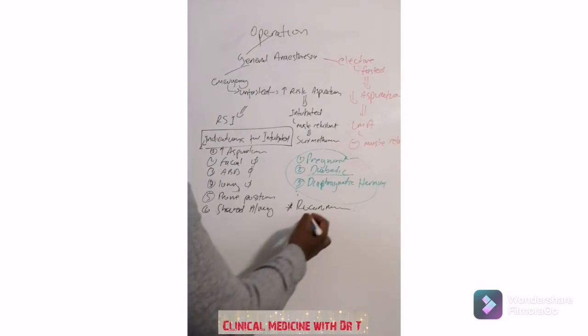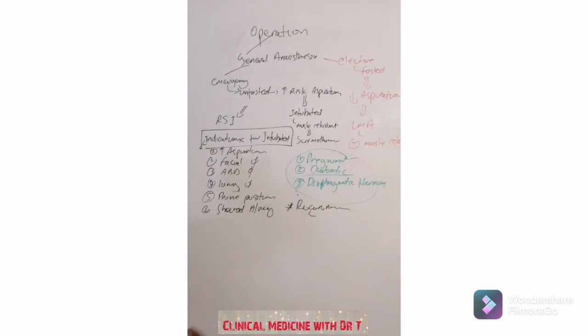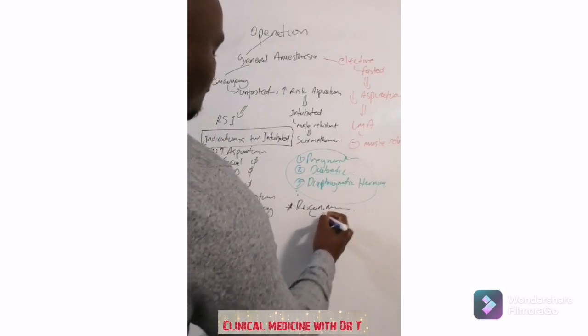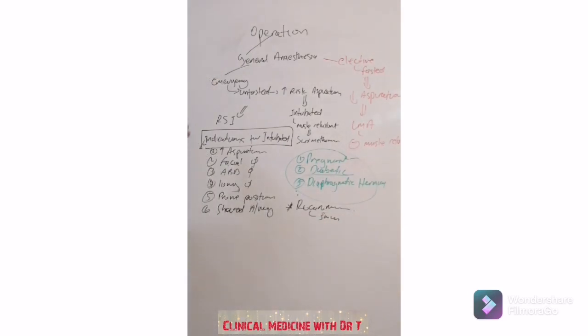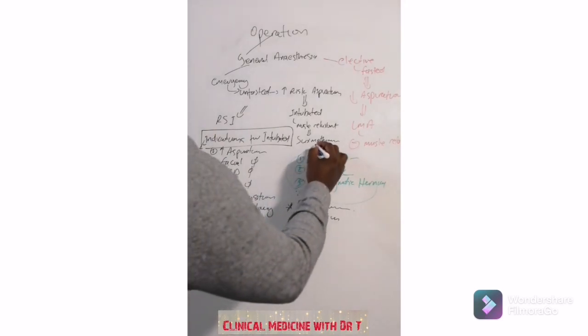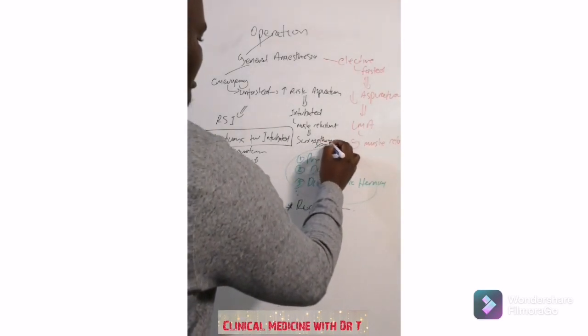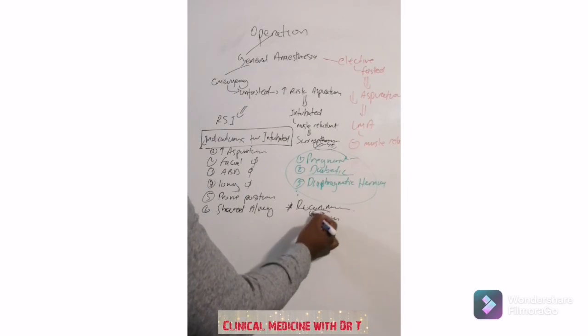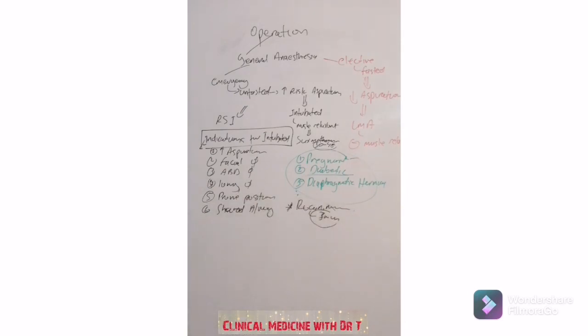Just that now you need to wait for about 3 minutes for it to work. Rapid sequence means everything must be done very efficiently and very fast. You give sux because there you're going to wait for about 30 to 45 seconds before you can intubate. But here you're going to wait for about 3 minutes before you can intubate. That's just the difference.